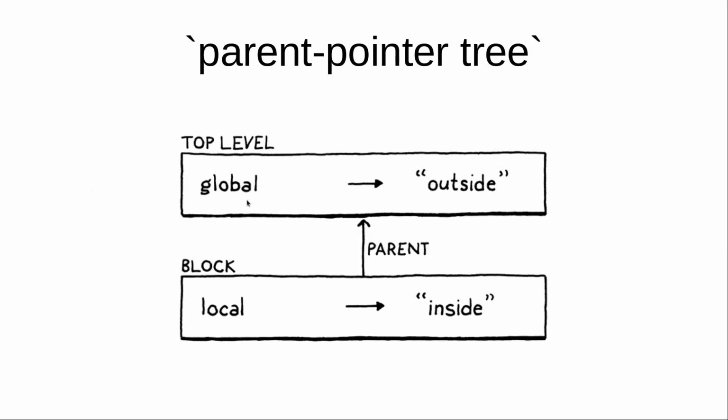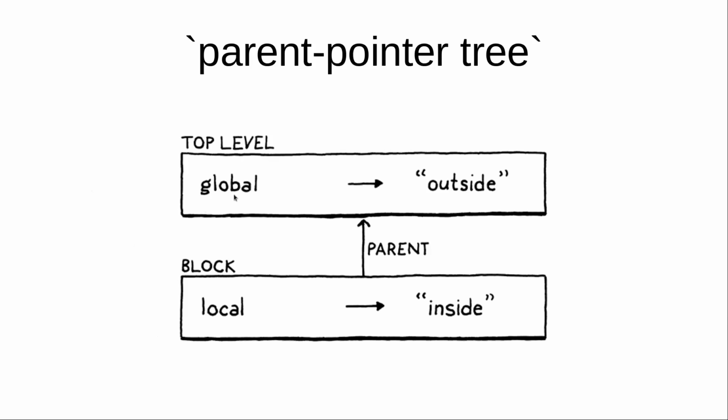And we're going to be able to do this by using a data structure called a parent pointer tree. For example, if we look at a block scope here, the block is local and everything inside here is local to this block, but the block has a parent that it points to, and this parent is going to be the top level scope.